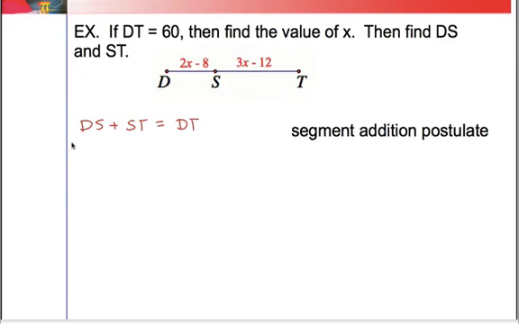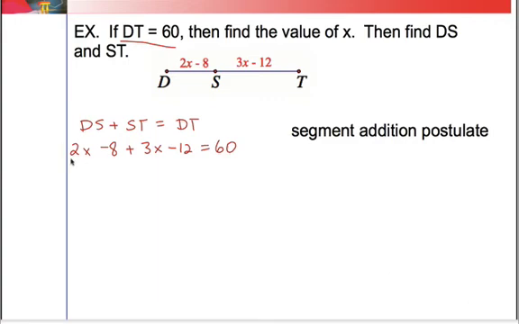So let's fill in the values. The length of DS is 2x minus 8 plus the length of ST is 3x minus 12, and we knew from the beginning of the problem that the length of DT was 60. So we're substituting in those measures.